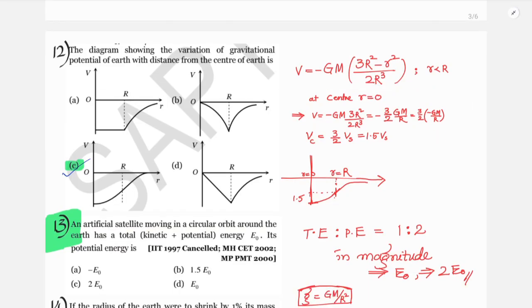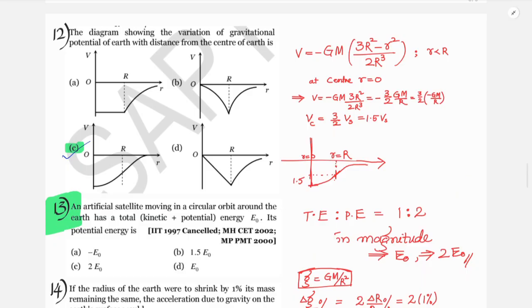Okay, look at problem number 12. The diagram showing the variation of gravitational potential of Earth with the distance from the center of the Earth.